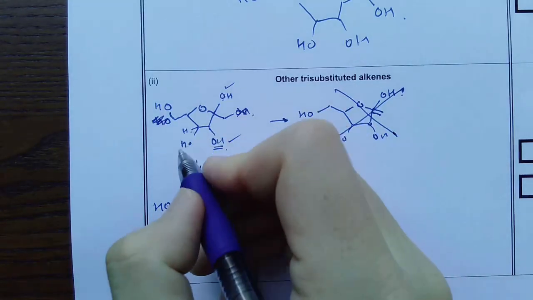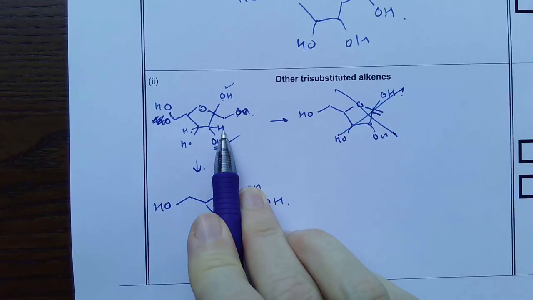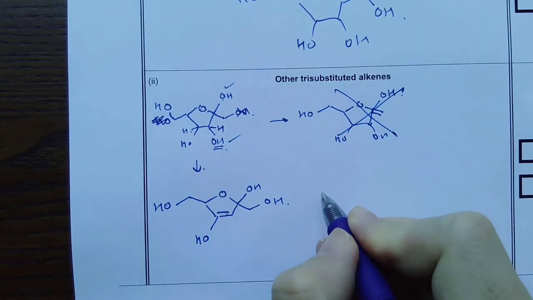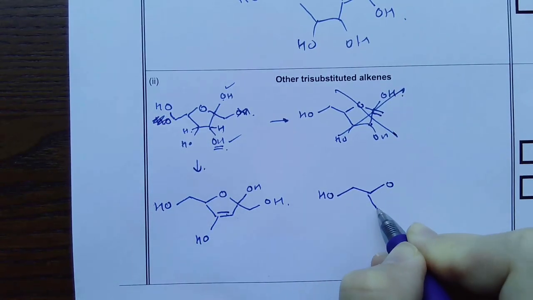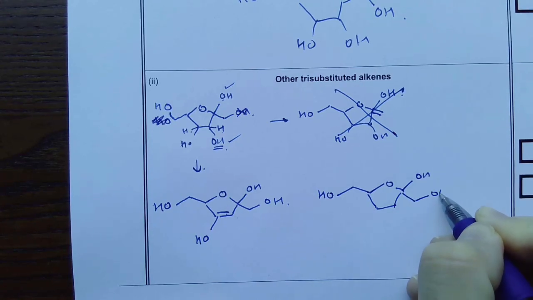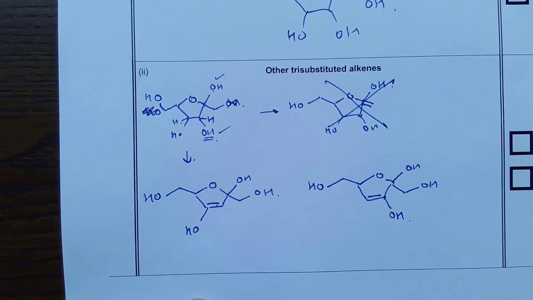But I could do the same for this one. So I lose this alcohol and this hydrogen. I make the double bond in the same place, but now the alcohol is down here. So I'm also going to get this one. Alkene in the same place, but this alcohol here.